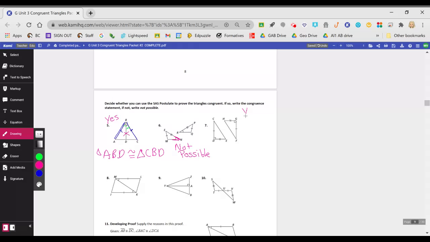So this one is yes, because I have pink is congruent to pink. Blue is congruent to blue. And the angle that I have is one pink side, one blue side. So that would be triangle, and I'm going to use my colors again, CDE is congruent to, I did pink to blue, FGH.